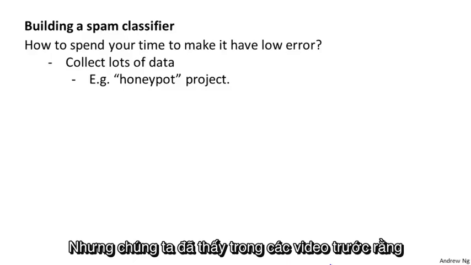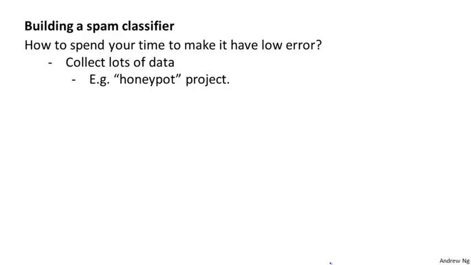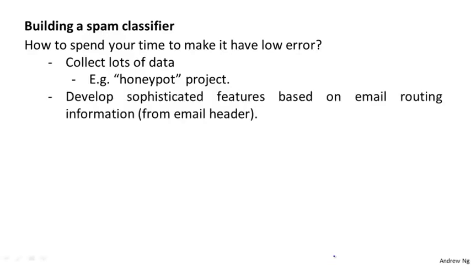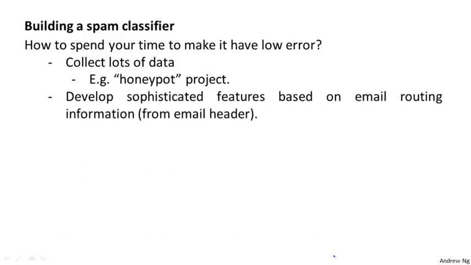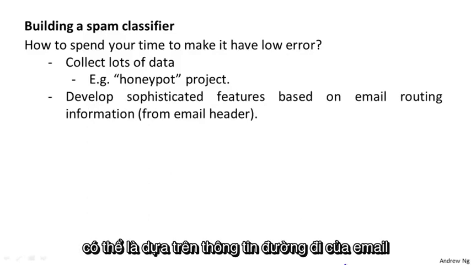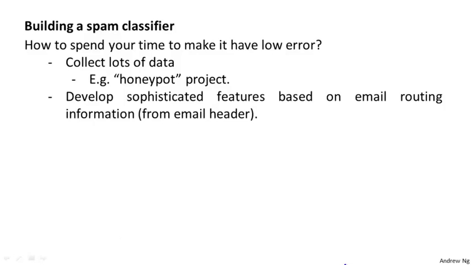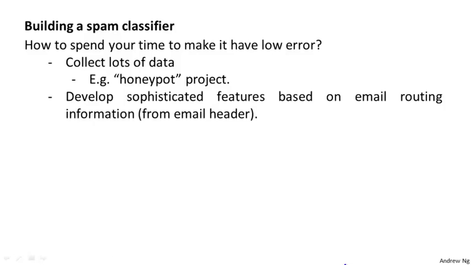But we've already seen in the previous sets of videos that getting lots of data will often help, but not all the time. But for most machine learning problems, there are a lot of other things you could usually imagine doing to improve performance. For spam, one thing you might think of is to develop more sophisticated features on the email, maybe based on the email routing information. And this would be information contained in the email header.